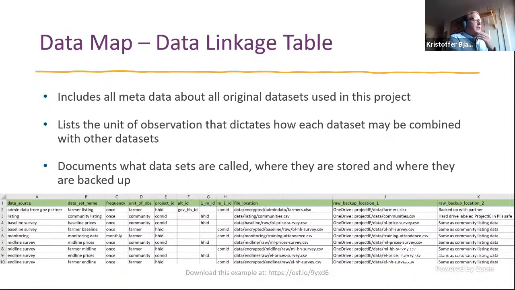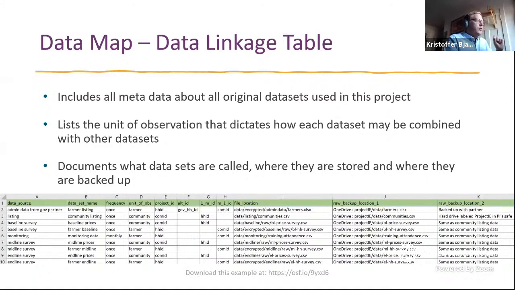If one row in a data set will be matched during a merge with multiple rows, that will be a one-to-many merge. An example of this would be merging a baseline price data set with a farmer baseline data set, as the price data set is on community level, where all farmers in that community will be matched with that community.